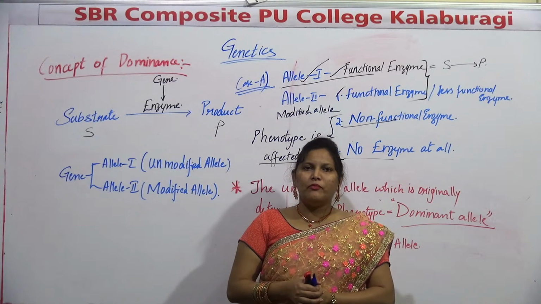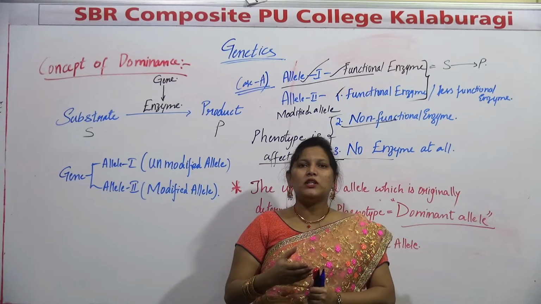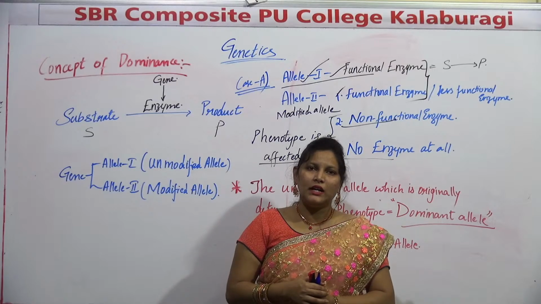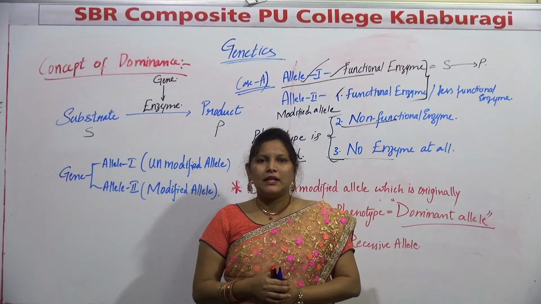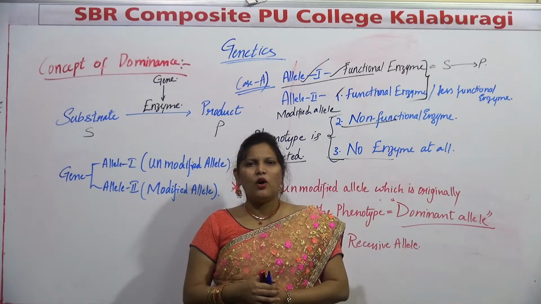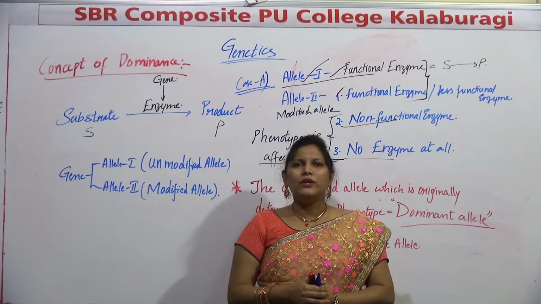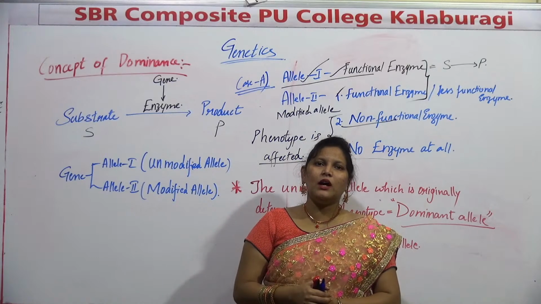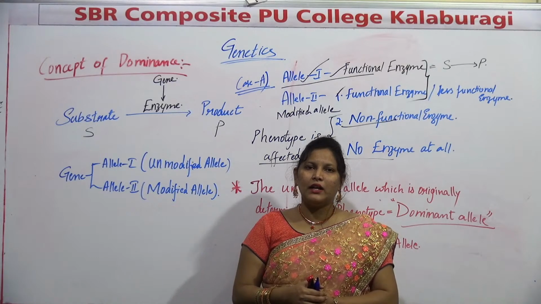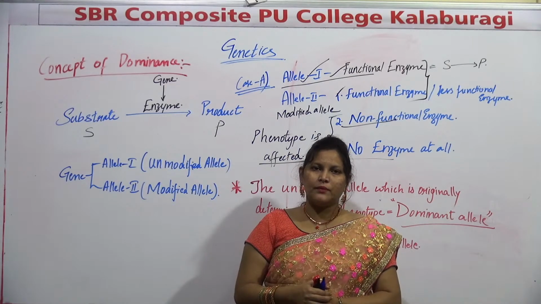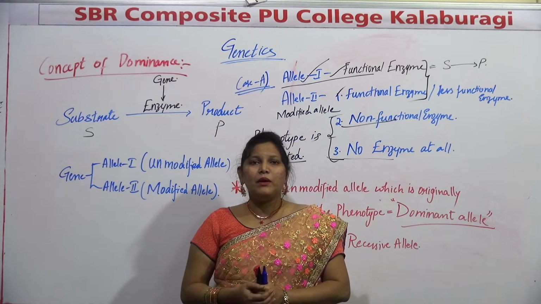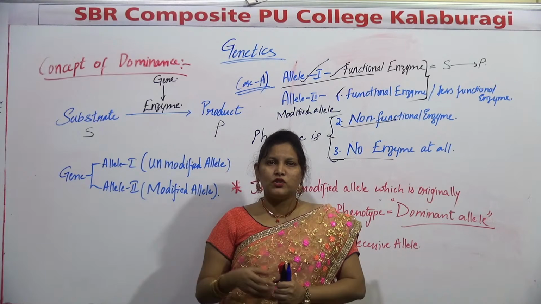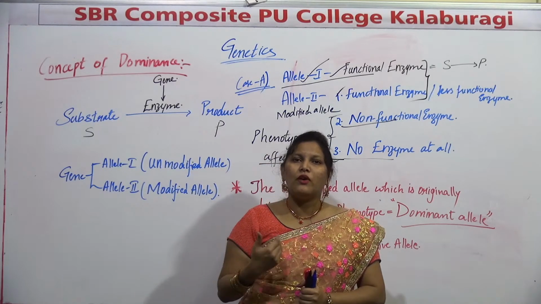And the modified allele. There are three possible outcomes of a modified allele. In the first one, it may produce a functional enzyme or a less functional enzyme. In this case there is no difference between a modified allele and an unmodified allele, because both convert the substrate into product. Whereas in the second and third cases, it may produce an enzyme that is non-functional, or it may produce no enzyme at all.